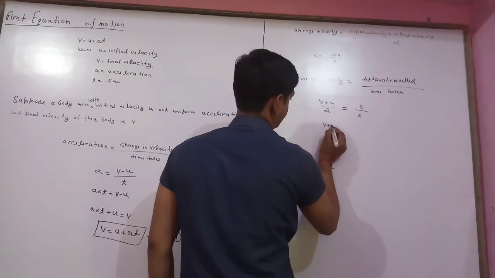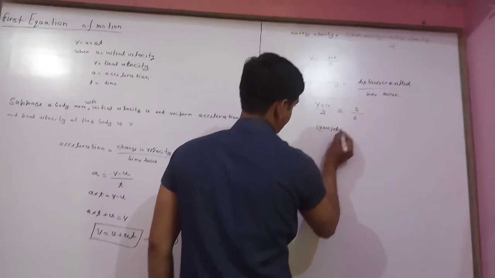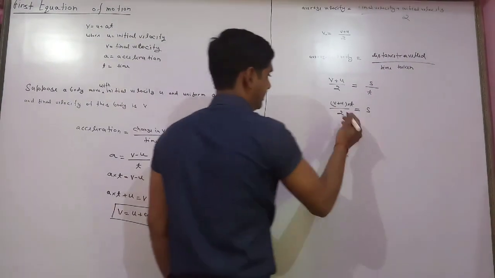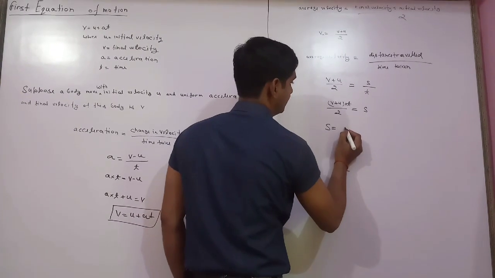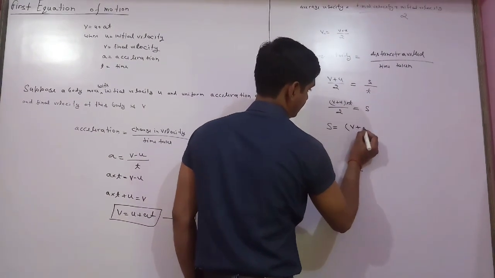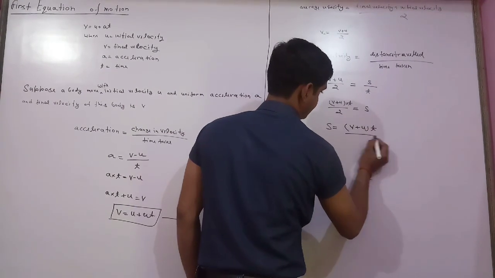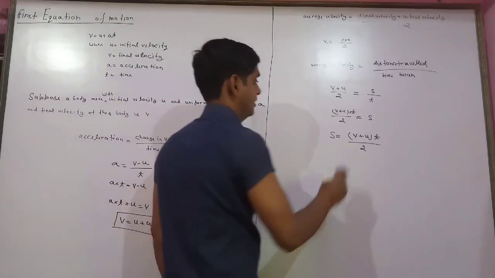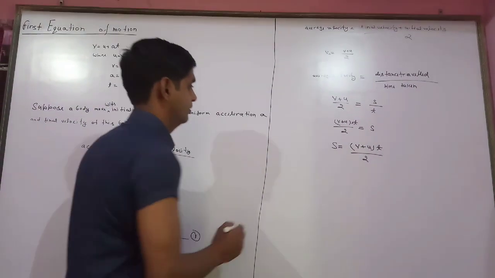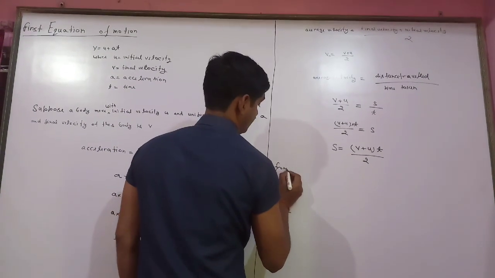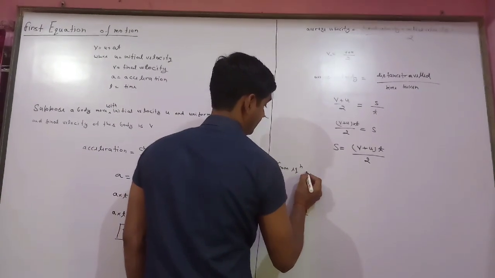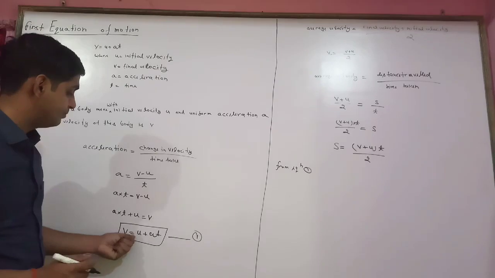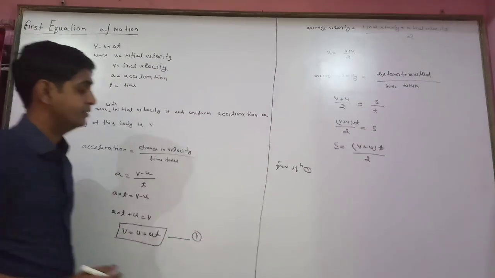After calculation, s is equal to (v plus u) upon 2 times t. Now putting the value of v in this equation: from equation first, we know that v = u + at.